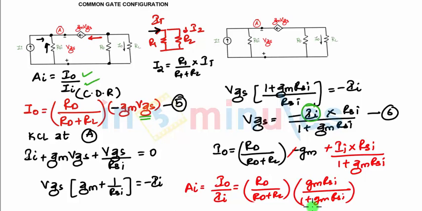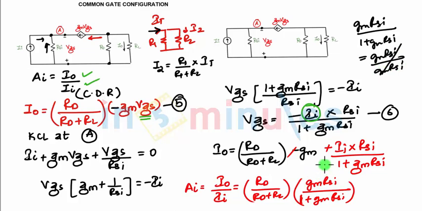Now if my GM into RSI is very much greater than 1, what will happen? GM into RSI upon 1 plus GM into RSI will be equal to GM into RSI upon GM into RSI. So this will be cancelled and you are left with 1.